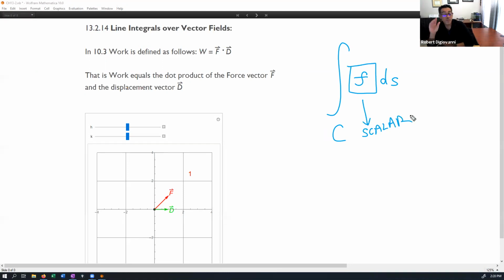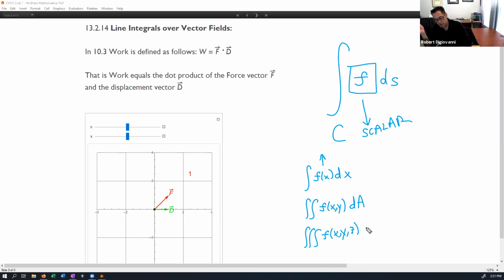This is pretty much everything we've done in this class and Cal 2 up to this point. In Cal 2, when we were doing f of x dx, that was a scalar function. When we were doing double integrals of f of x, y with respect to area, this was scalar. When we were doing triple integrals, f of x, y, z dV, these were all scalar functions.